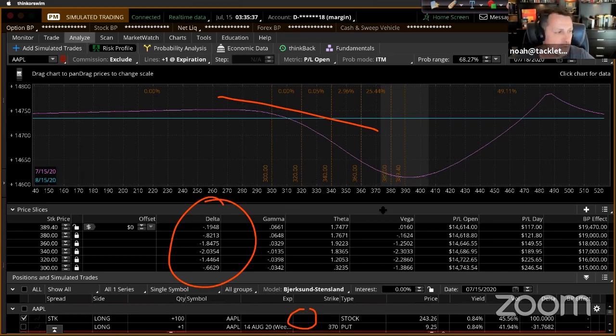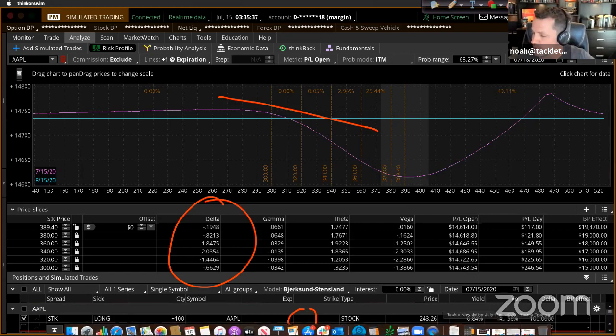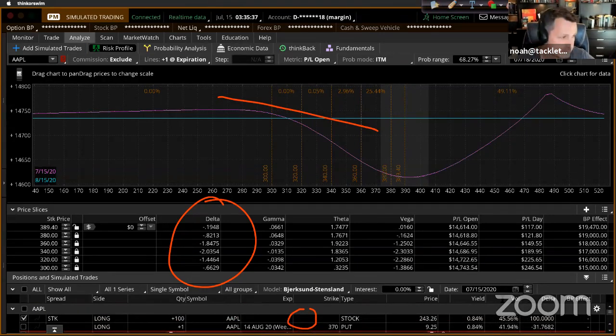If you already own the stock, there is no BP effect because you already own the asset. Does that make sense? You've already got your money tied up in the stock. Since you already own the stock, you're covered on the covered call, and you have a right to sell it at 390, but no obligation, so there's no BP effect for the put.